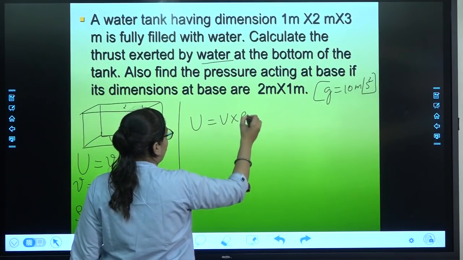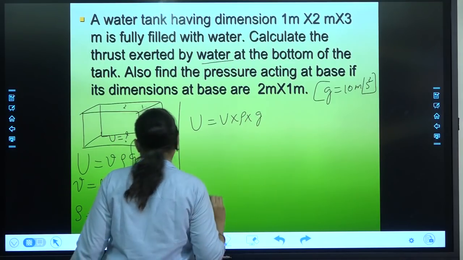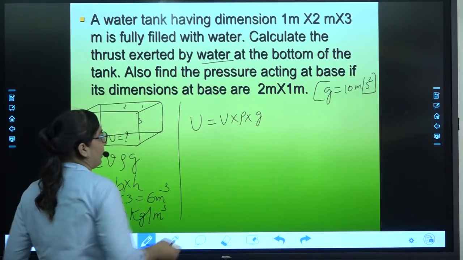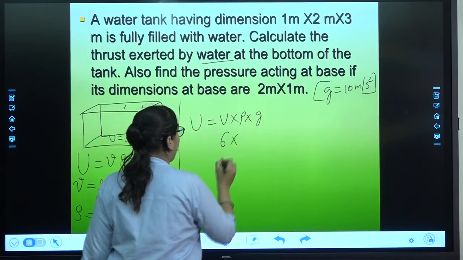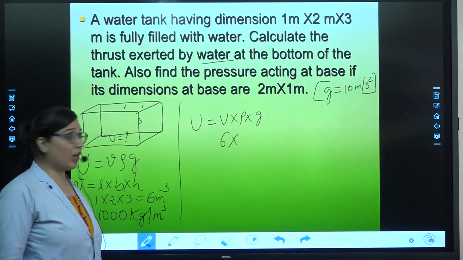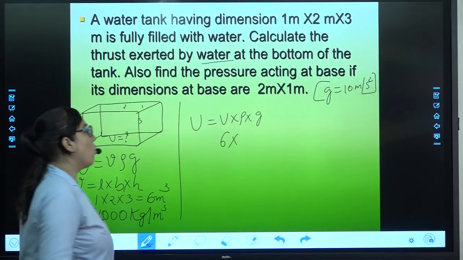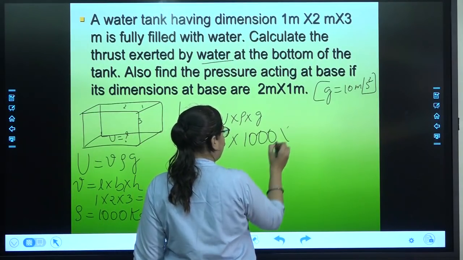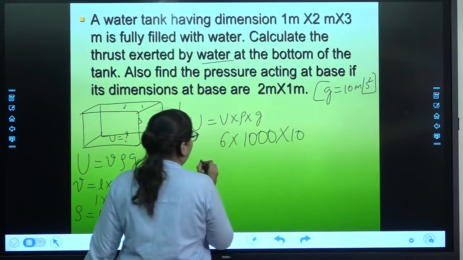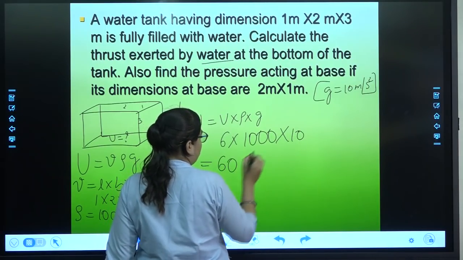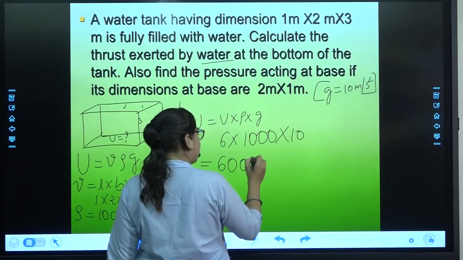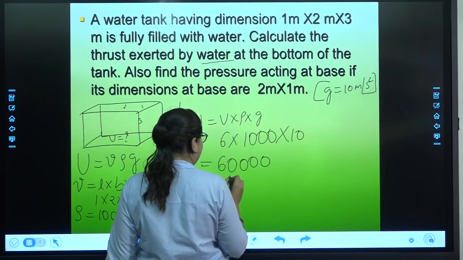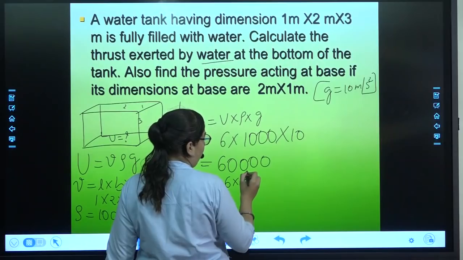V into rho into G. What is the V? 6. Rho, which is the density of water, comes to 1000, into G, which is 10. So here you get the upthrust as 1, 2, 3, 4 zeros, which is 6 into 10 raised to 4 Newton.